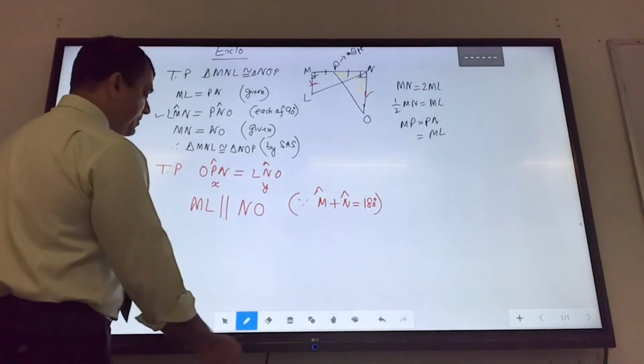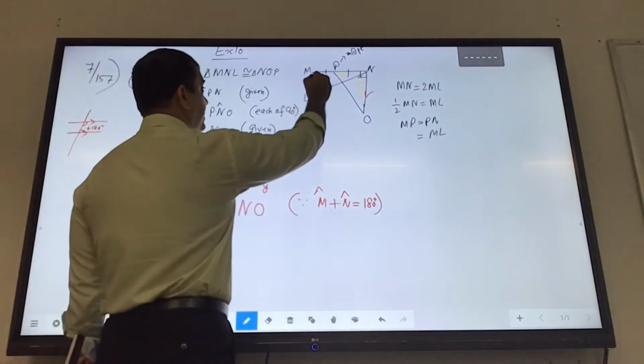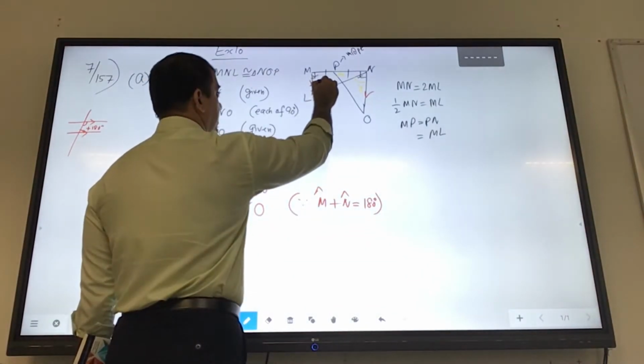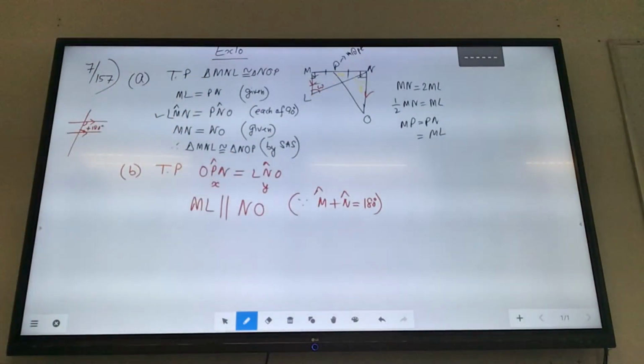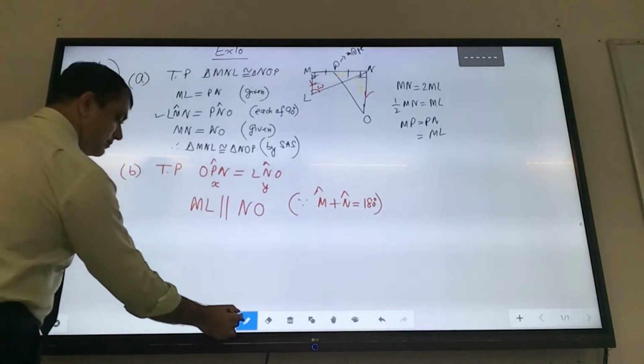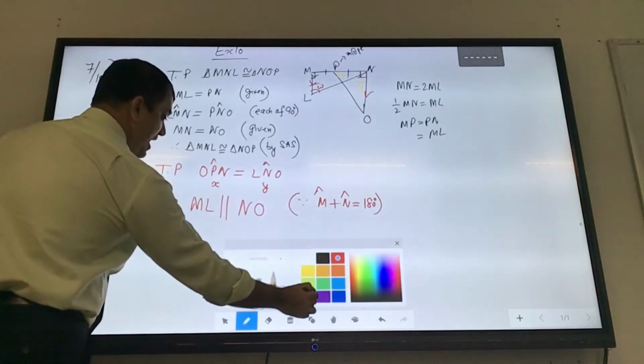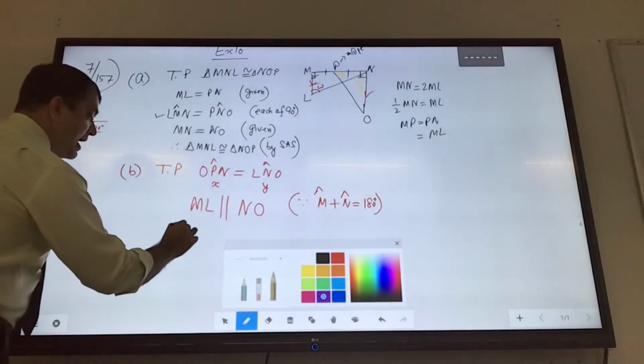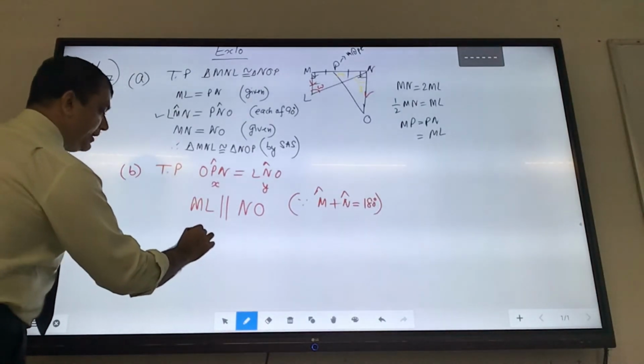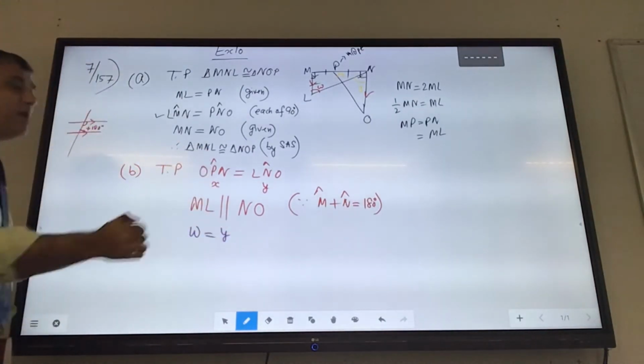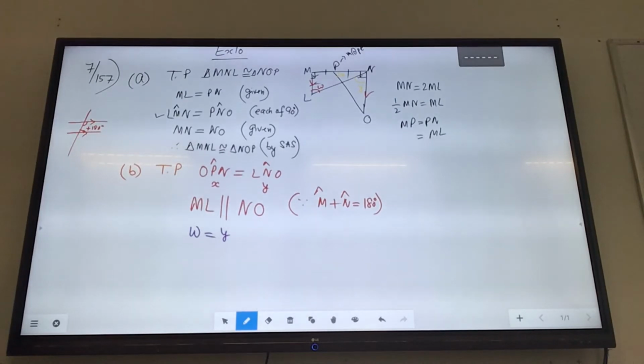If these two lines are parallel, suppose I call this angle W. Angle W should be equal to Y. So W equal to Y. What's the reason? Alternate angles.